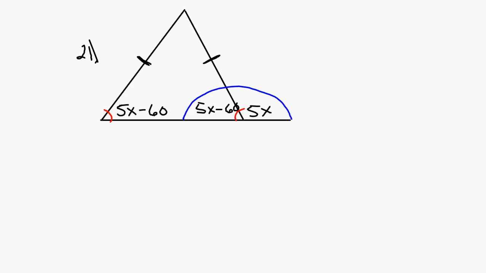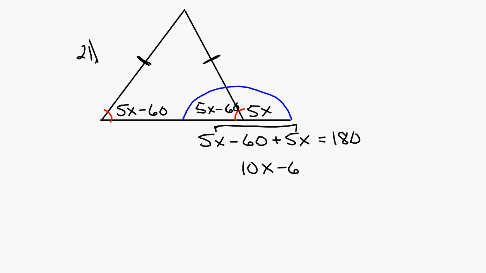Okay? These two angles form a linear pair. So those two angles added together have to sum 180. So your equation would be 5x minus 60 plus 5x has to equal 180. So if you combine like terms, 5x plus 5x is 10x minus 60 equals 180.